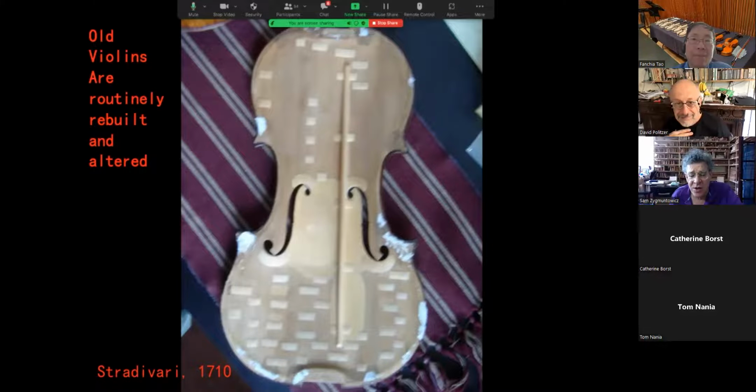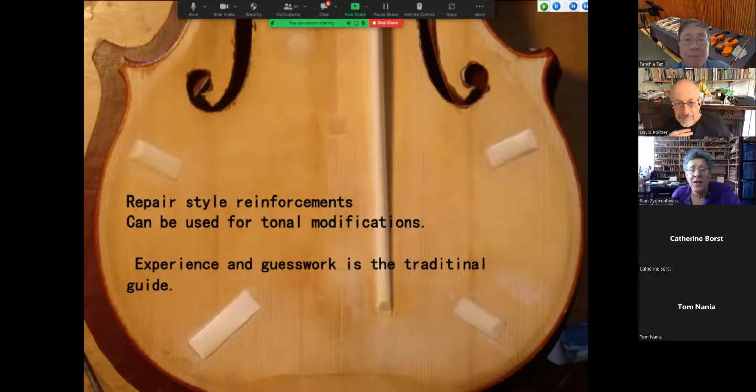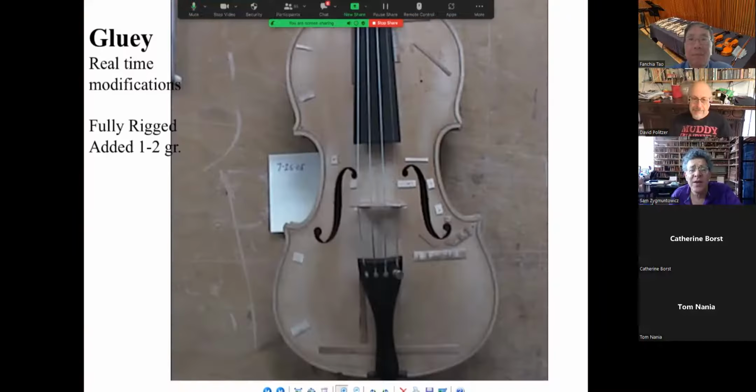Restorers do know that you can also change the sound by deliberately putting in reinforcements. Here's a violin of mine that I reinforced, and it sort of works, but it's very much, well, let's just try this. And I wanted a way that would be more controlled, and you could actually calculate where things went.